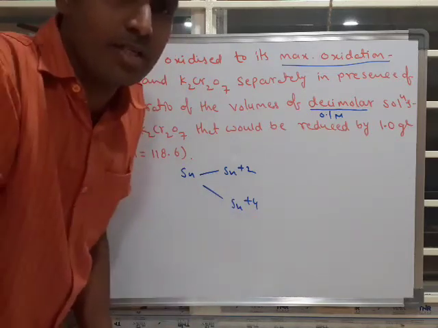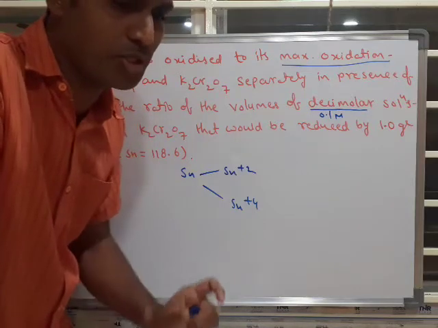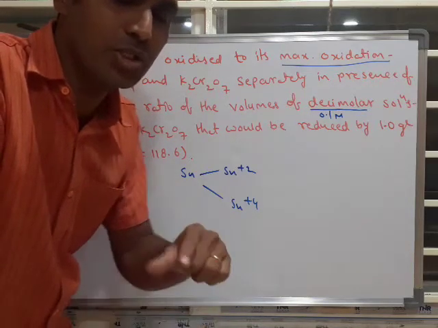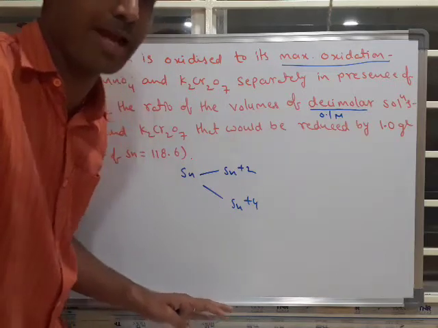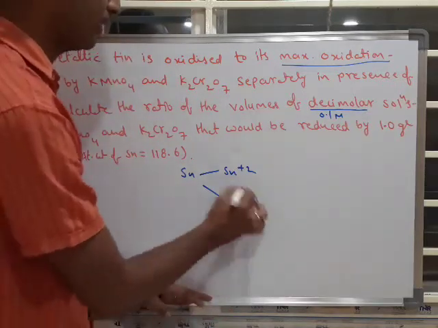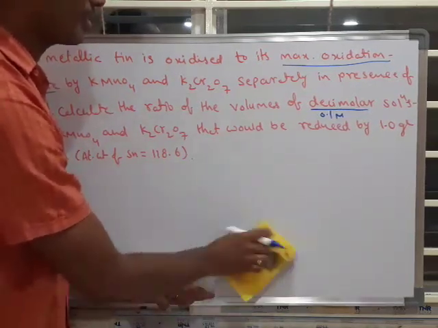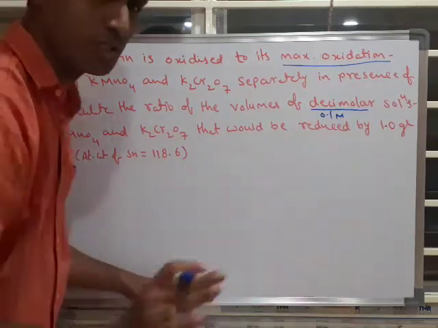It is given that it is oxidized by potassium permanganate and potassium dichromate separately to its maximum oxidation state. For the maximum oxidation state we have to take Sn plus 4. So Sn is changed to Sn plus 4.